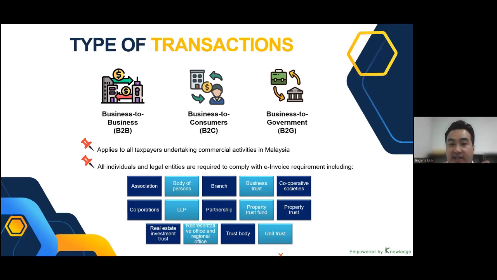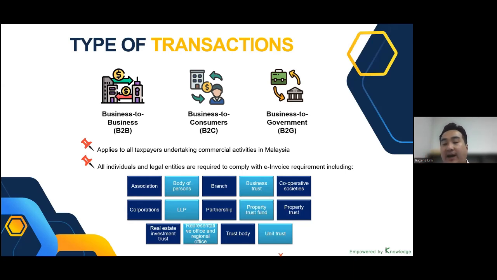When the transaction involves B2C, most of the time you continue using a normal invoice, the handwritten invoice, or you can still use accounting software to generate the normal invoice. That is still acceptable, but if your customer requests the e-invoice, you need to be able to provide it to them. That is what we call B2C.